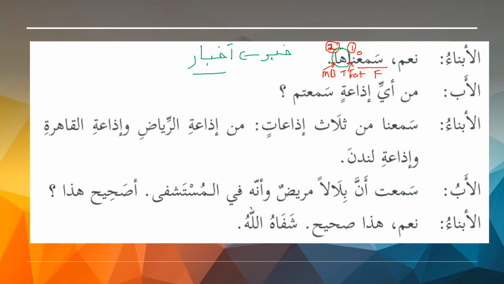So as you know, in Arabic the hu and ha can be translated as he or she or it for the ghair aqil. So the father says, Min ayyi ida'atin sami'tum, meaning he is asking min ayyi. Now, as I already explained, ayyi is a questioning tool, the only questioning tool which can change its haraka if there is something before it. So here there is a harf jar, that's why it is having a kasra. Min ayyi, from which. Ayyi means which. So there are a lot of questioning tools here. Min ayyi ida'atin.